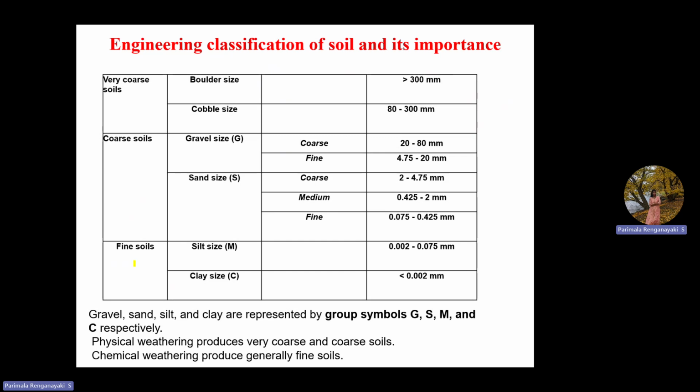Fine soil is silt size and clay size. Their sizes are 0.002 to 0.07 mm. Clay size is very small, less than 0.002 mm. So gravel, sand, silt, and clay are represented by the group symbols G, S, M, and C. Physical weathering produces very coarse soil.